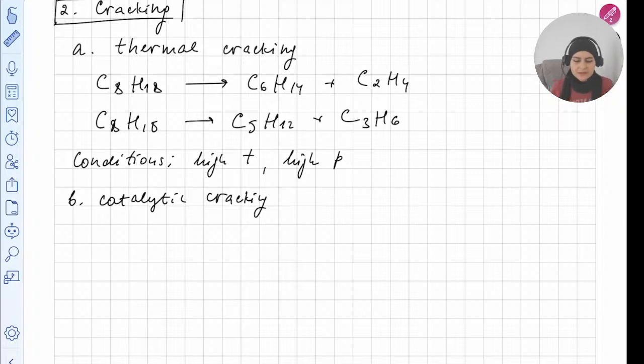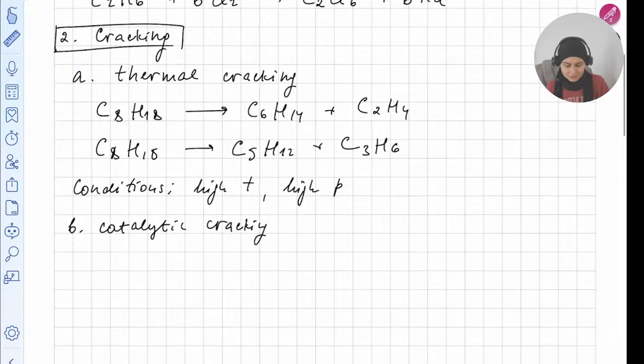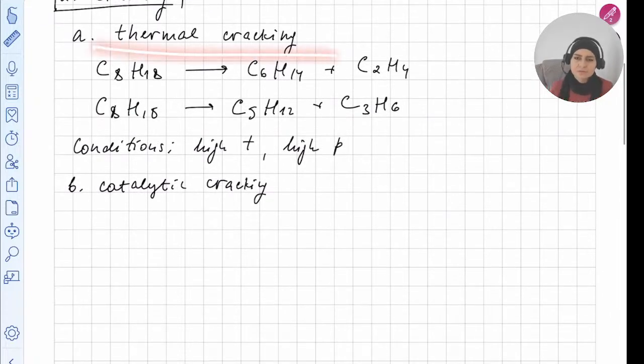Catalytic cracking. So in catalytic cracking, we would mostly produce branched and cyclic alkanes and aromatic hydrocarbons. Okay, branched and cyclic. So here, if you want, you could write that in thermal cracking the most common products are shorter alkanes and alkenes, and sometimes hydrogen.